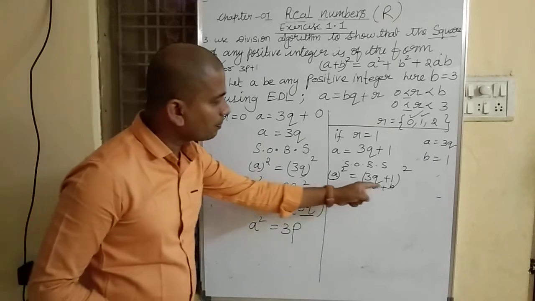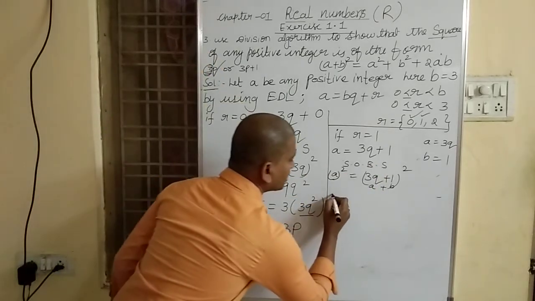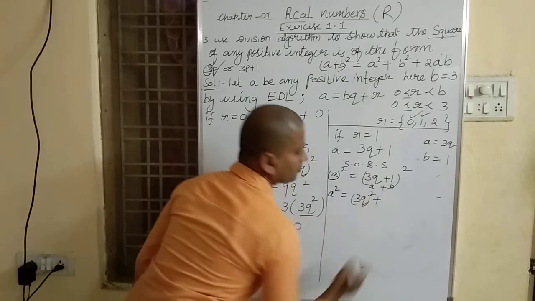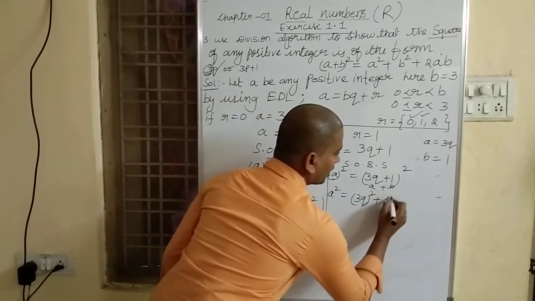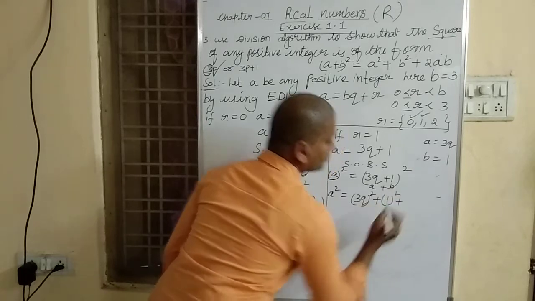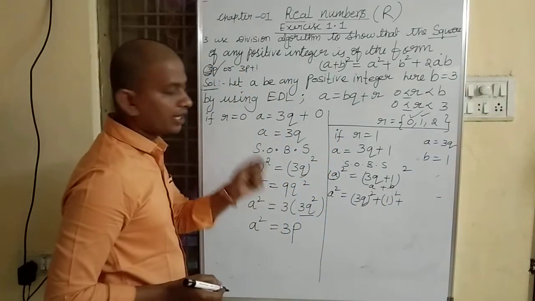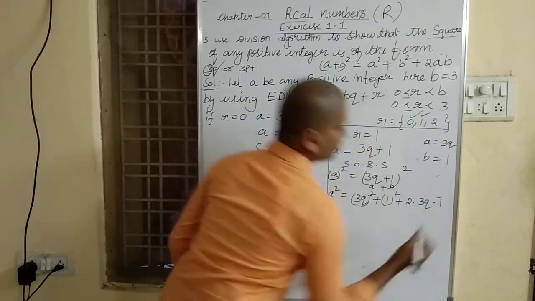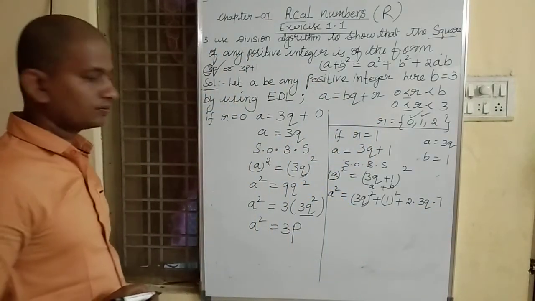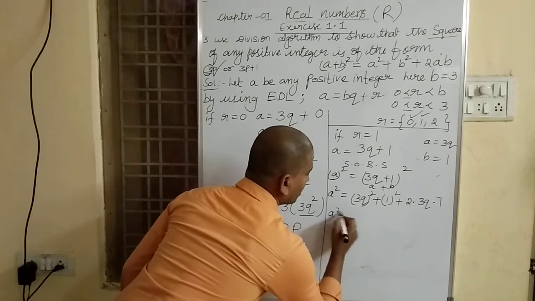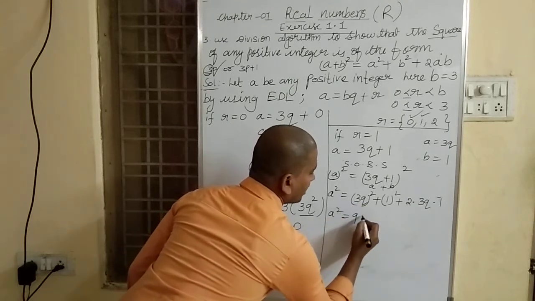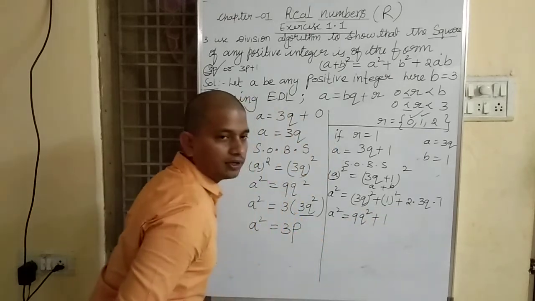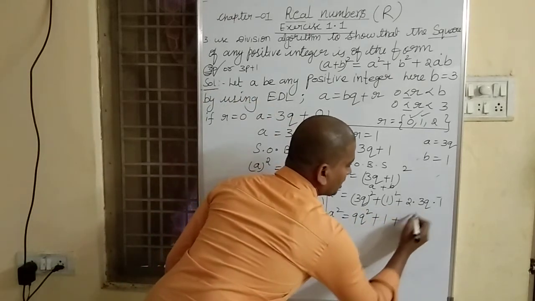So I can write a square, 3q whole square, plus b square, 1 square, plus 2ab, 2 into a value 3q and b value 1. So a square equal to 3 square, 9q square, plus 1 square, value 1, plus 2 3s are 6q.